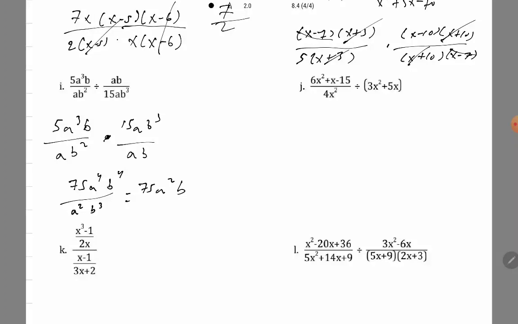Part J. So remember, this is a fraction, 6x squared plus x minus 15 over 4x squared. Change division to multiplication. Flip the fraction.